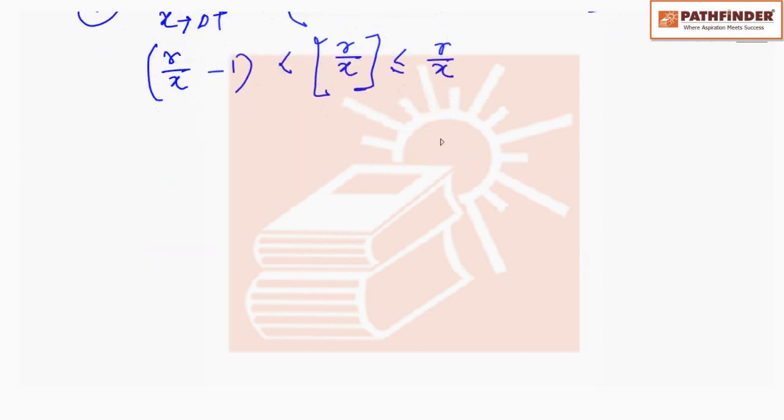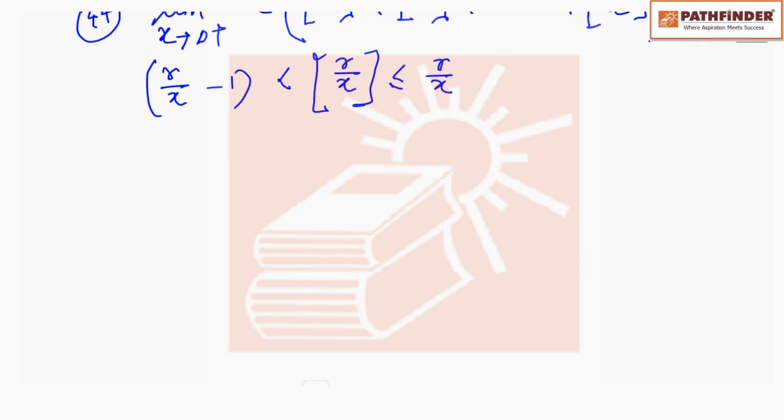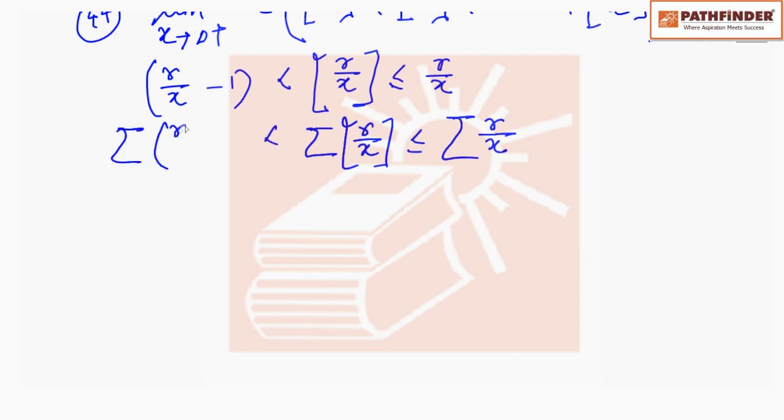Now if we do the summation of that, then what are we getting? The summation of box of r by x is less than or equal to the summation of r by x and greater than the summation of r by x minus 1. Here r goes from 1 to 15, here also r equal to 1 to 15, and here also r equal to 1 to 15.